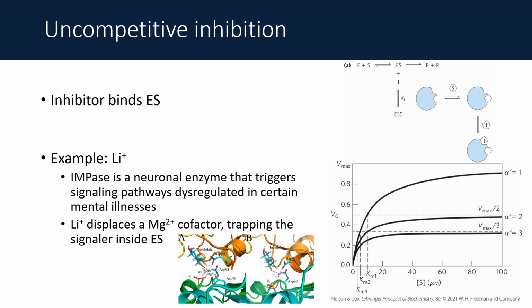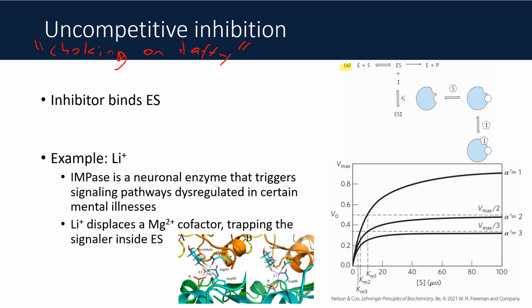You may not have heard of this third type of inhibition called uncompetitive inhibition. And this mode is pretty nasty. I like to call it the choking on taffy mode of inhibition. And this is how it works.